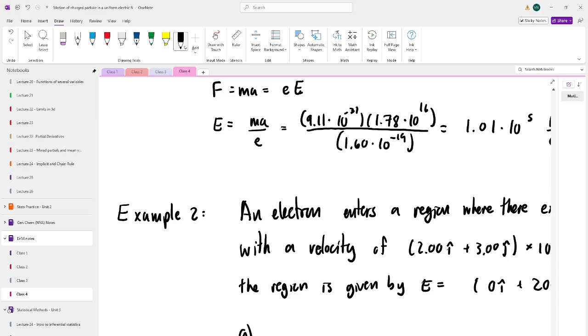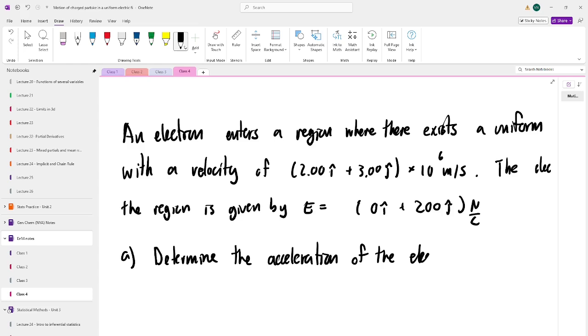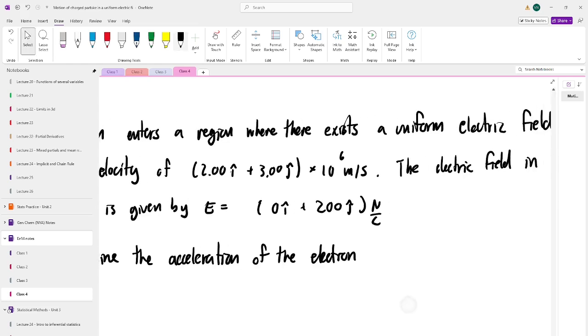So A, determine the acceleration of the electron while in the field.